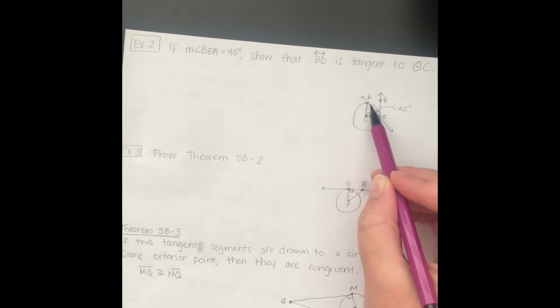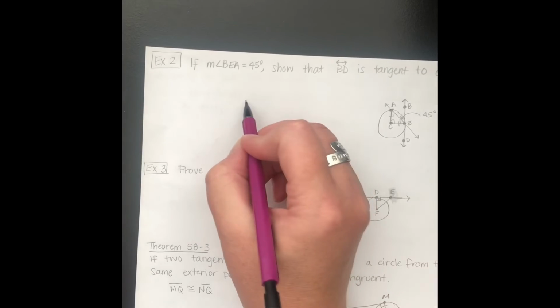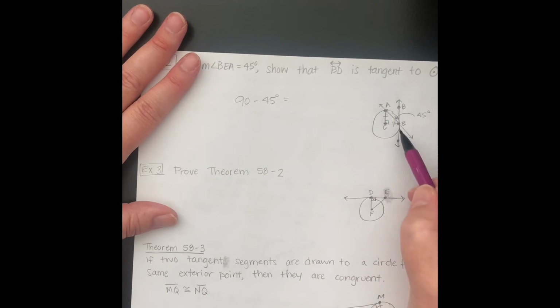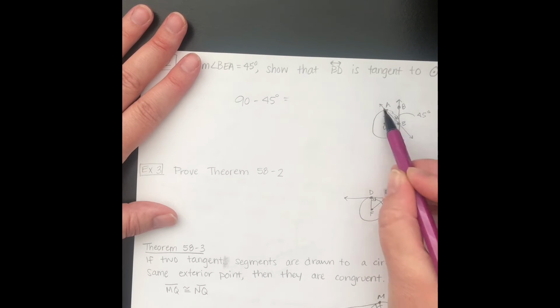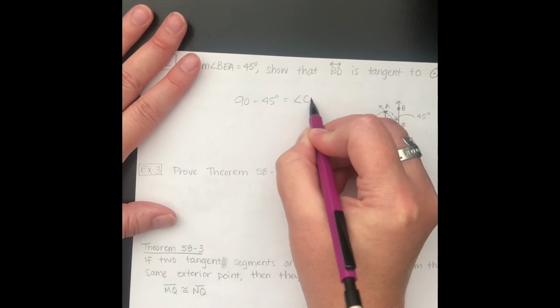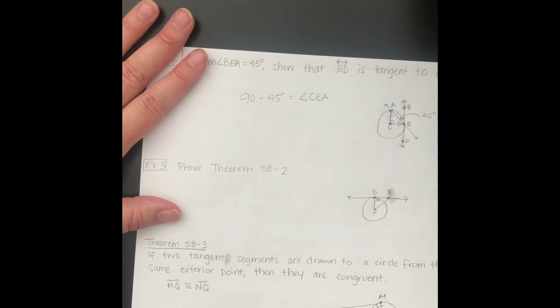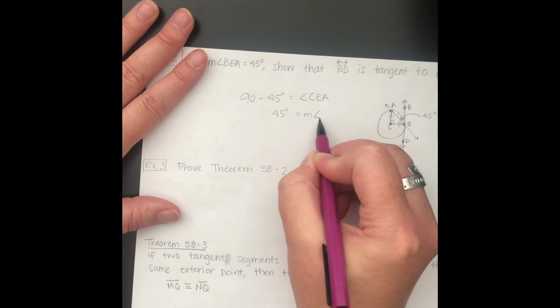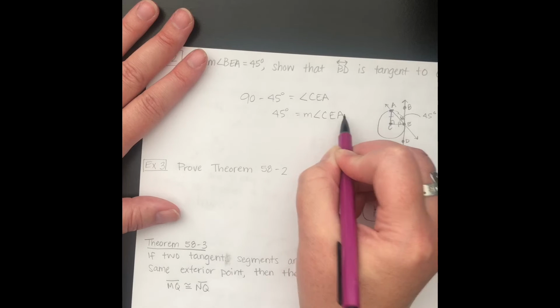We already know that this BEA angle is 45, so we can do 90 minus 45 degrees, and that's going to tell us what this angle is, angle CEA. 90 minus 45 is 45, so the measure of angle CEA is 45 degrees.